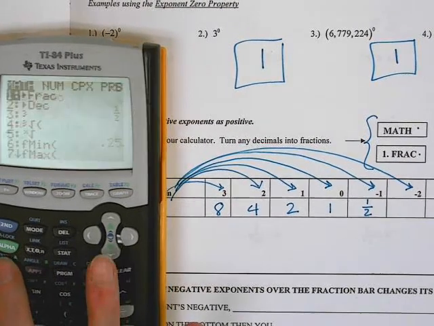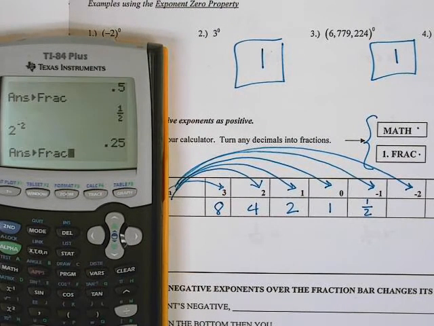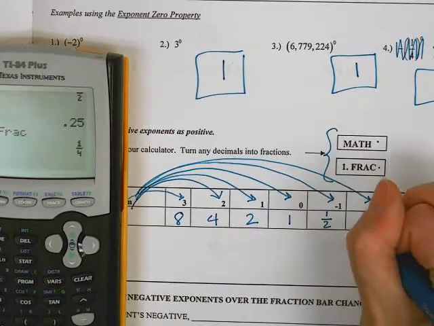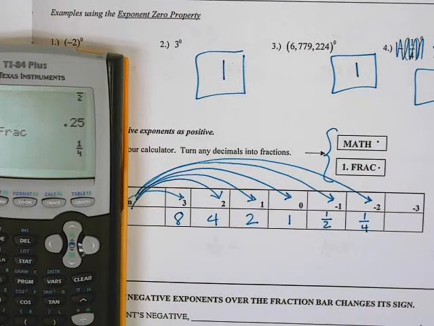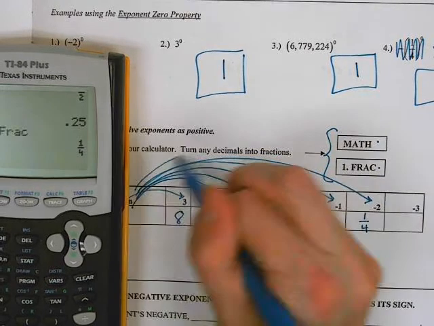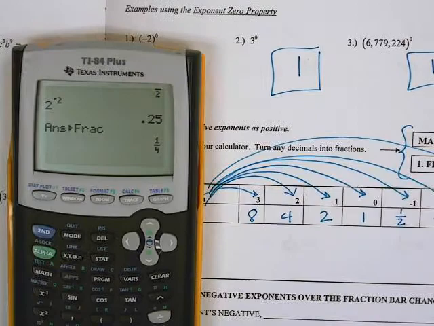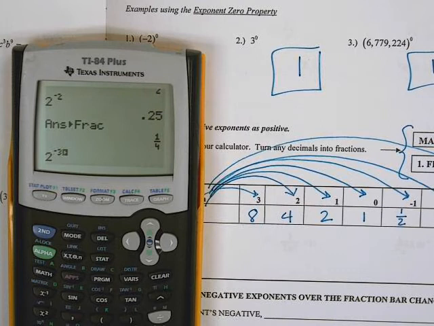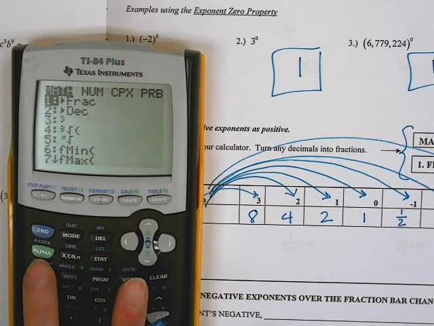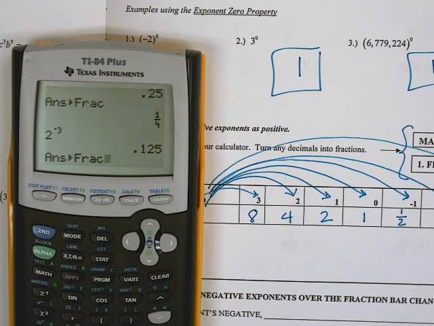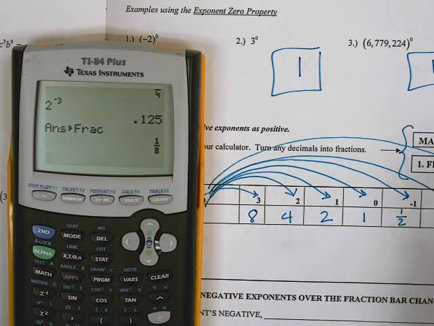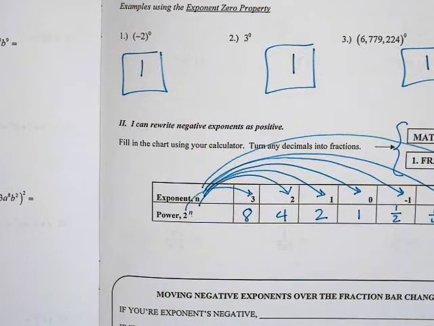As a fraction, it's 1/4. Now do 2 to the -3 power. Same thing, hit Math and Enter, and it's 1/8. Great, that's what we need.